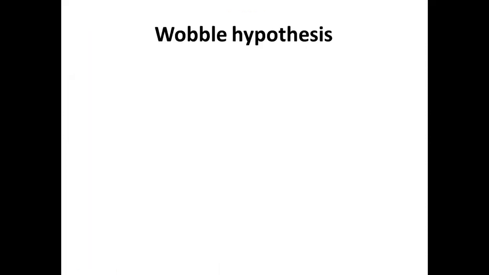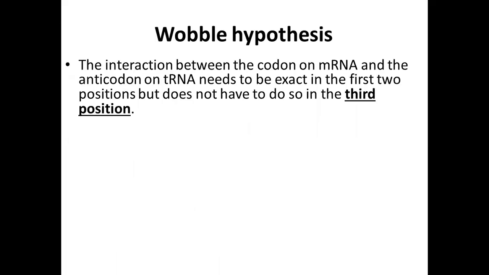And then we have the principle or the hypothesis of Warburg hypothesis. So when there is an interaction between the codons on messenger RNA and the anticodons which are found on transfer RNA, the anticodons need to be the same or exact in the first two positions.